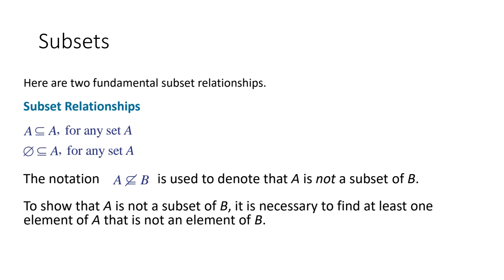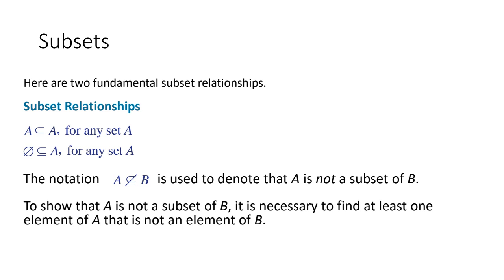If you want to say that something is not a subset, then you would just cross it. We saw that before with not an element. So to say that something is not an element, you just put a line across. So similarly, if you put a cross, you're trying to say that it is not a subset. Okay, so the next definition is, oh wait, and explicitly, how would you prove that something is not a subset?